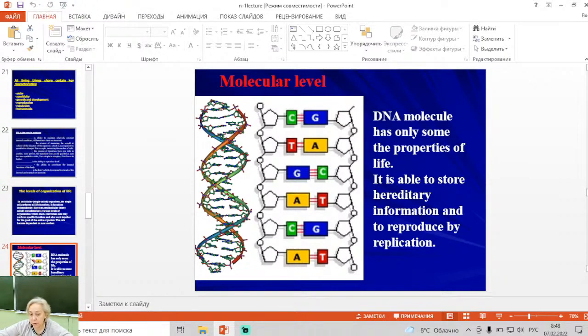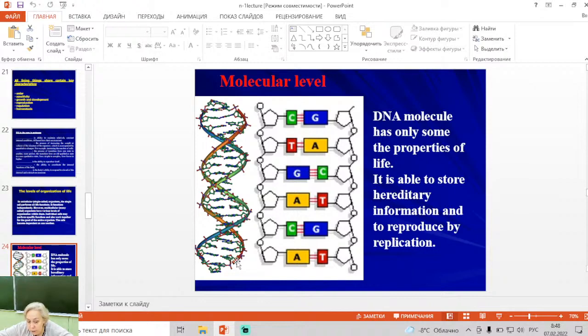The first level of a multicellular organism, molecular level. For example, the DNA molecule has only some of the properties of life. It is able to store hereditary information and to reproduce by replication. On this slide you see the DNA molecule.